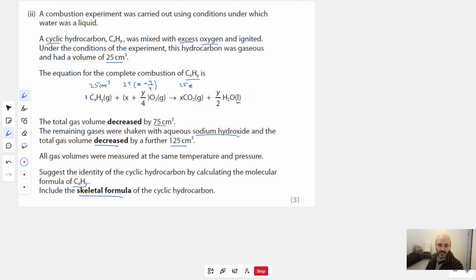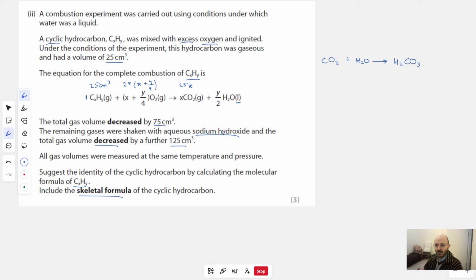They say the remaining gases, when the reaction is over, were shaken with sodium hydroxide, and the volume decreased. Why would that happen? Oxygen does not react with sodium hydroxide, but CO2 does. Because when you have CO2 in water, it forms carbonic acid, and then the carbonic acid reacts with sodium hydroxide.